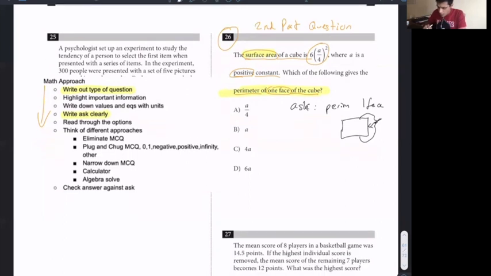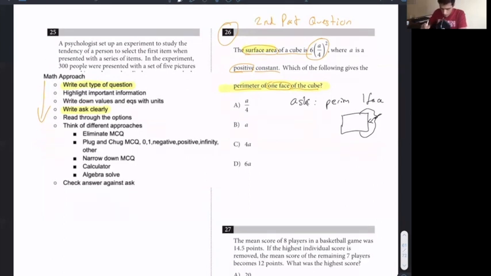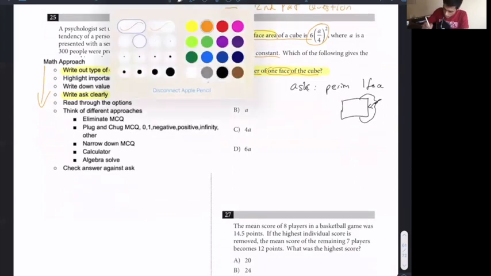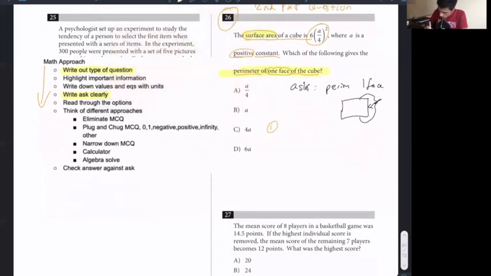So there's a couple ways to solve this. The first I'm going to go over is the algebraic way, which is the long way. If L is one side, then the surface area of the cube is L squared times 6.